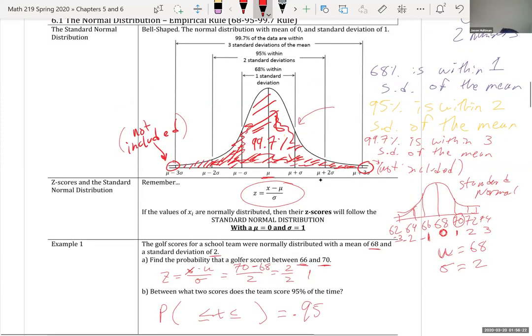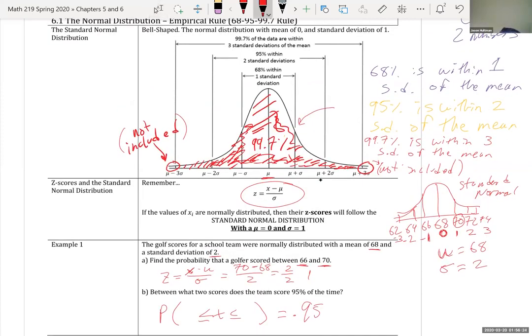What's 2 standard deviations away from the mean here? 2 standard deviations in the negative direction and 2 in the positive direction, because 95% of the time we're within 2 standard deviations of the mean.